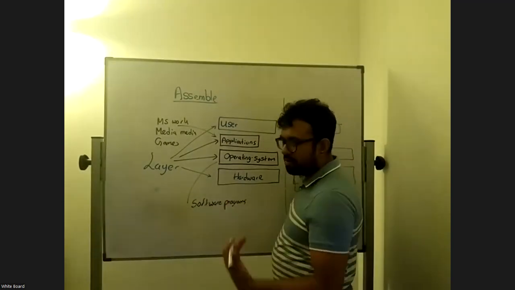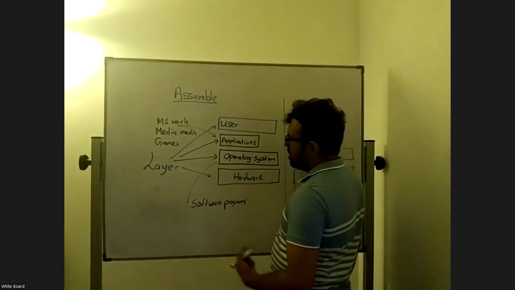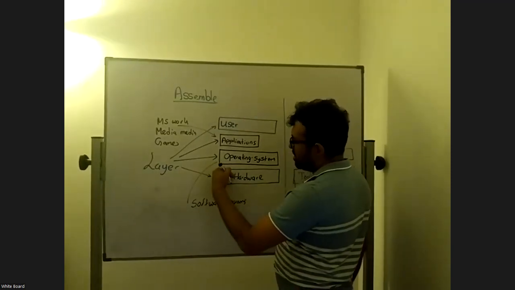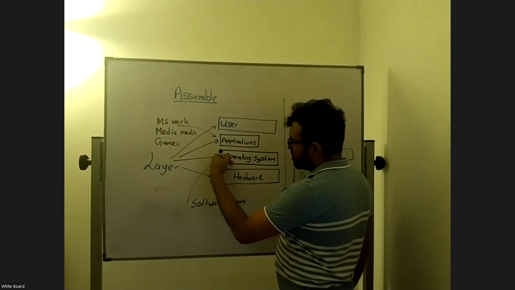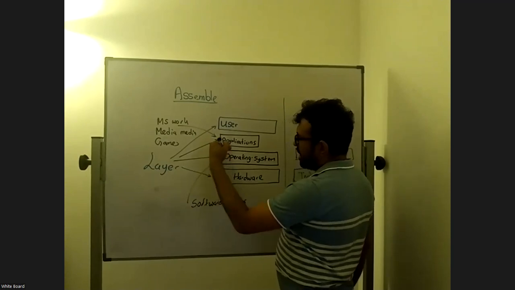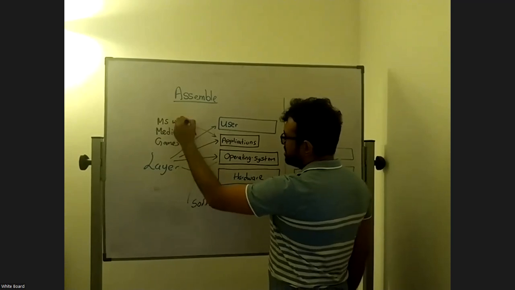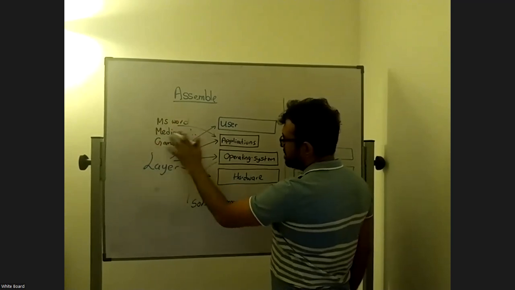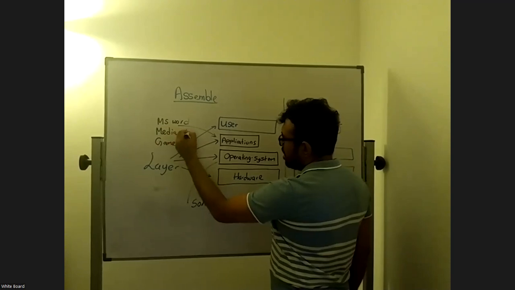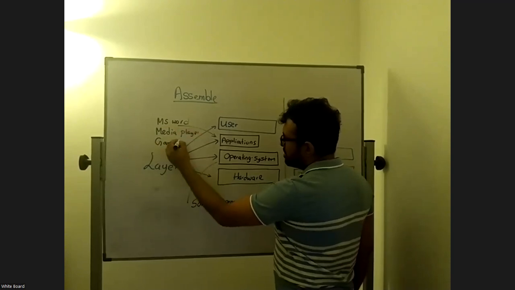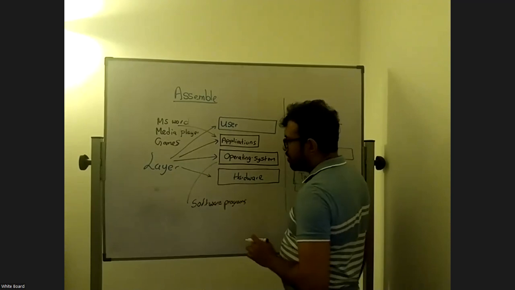That's what is happening with the operating system. So hardware is here, the operating system is over here, and applications mean MS Word, MS Excel, media players, and games. Those kinds of things run on top of the operating system.